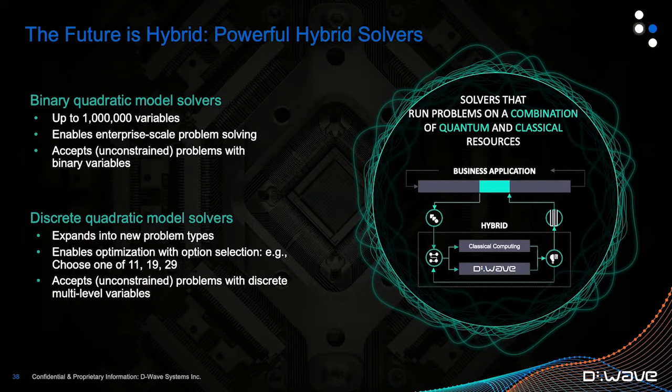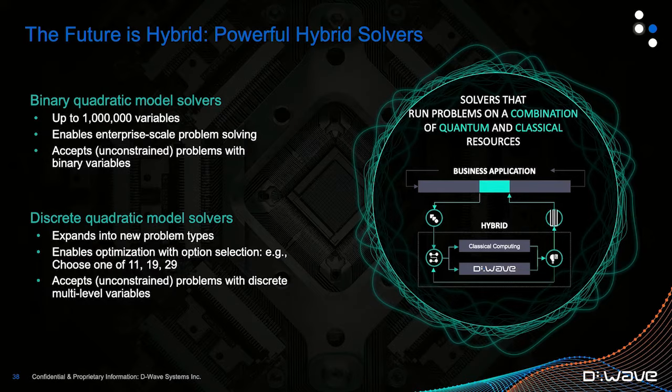All right, so first I want to start by quickly talking about our hybrid solvers in general. We designed our hybrid solvers with business applications in mind. They're designed to work on enterprise scale problems, and they use classical and quantum resources to solve industry size problems.